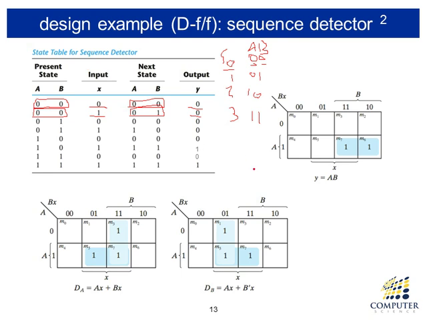From the state table, now we derive the flip-flop input equations. Here, the example is for D flip-flops. Remember the behavior of a D flip-flop: whatever is on D will appear on the output of the flip-flop on the next clock tick.